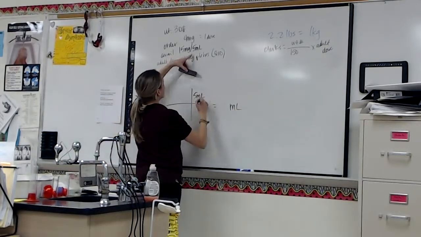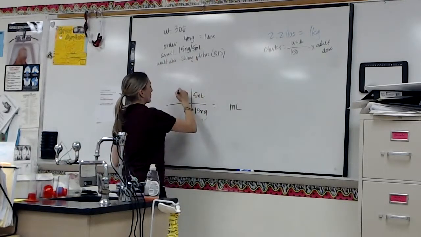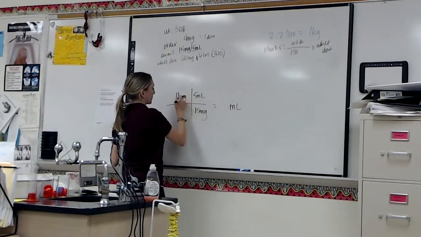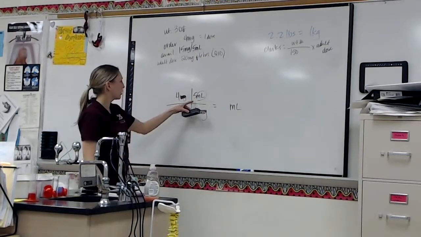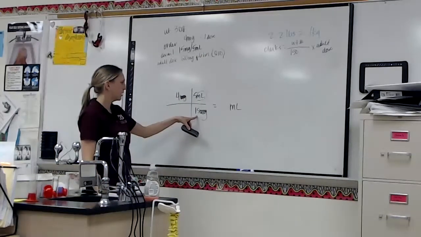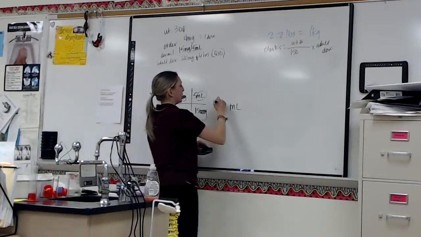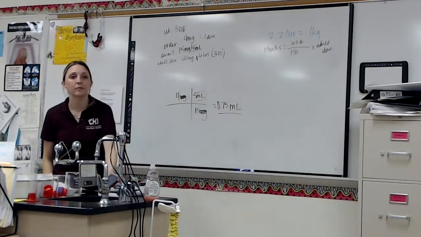Every 5 milliliters, we have 15 milligrams of medicine, and we need 4 milligrams per dose. So cross out my milligrams, I've got milliliters. 4 times 5 is 20 over 15. You're going to have 0.75 milliliters is what they're going to need.